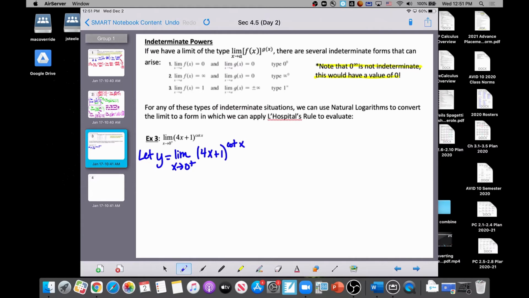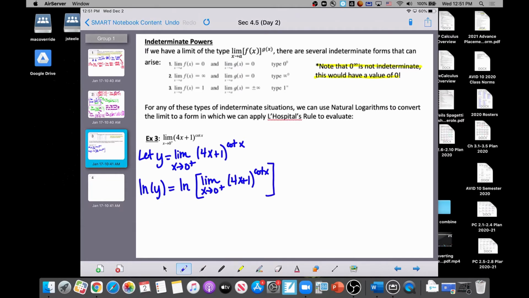And the next step is we're going to take the natural log of both sides of the equal sign. So I'm going to write the natural log of y is equal to the natural log of the limit as x approaches 0 from the right of 4x plus 1 to the cotangent x power.